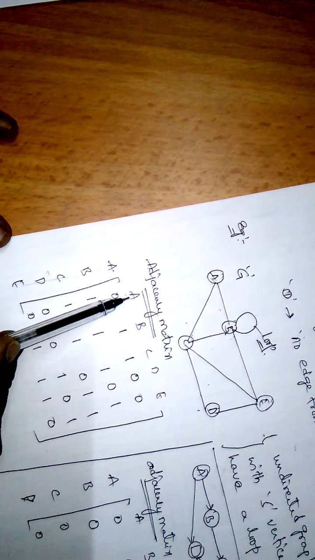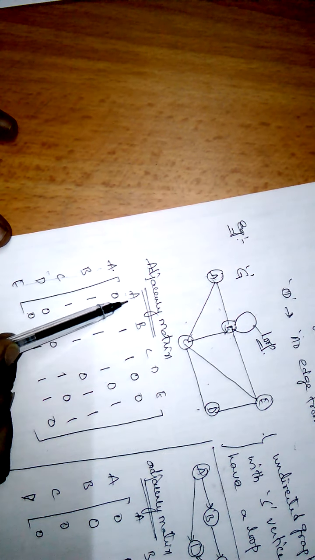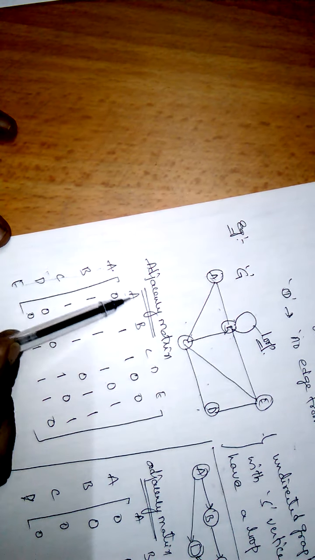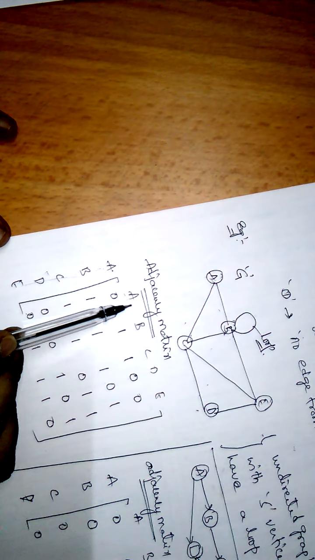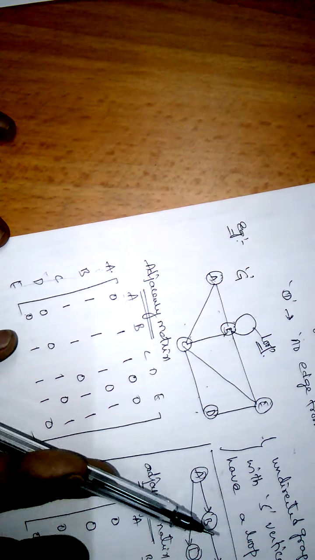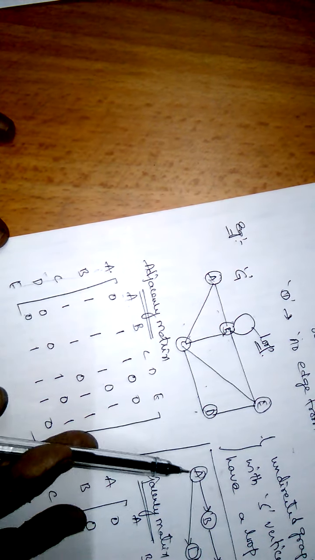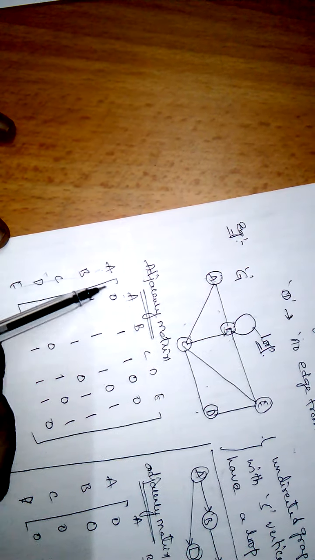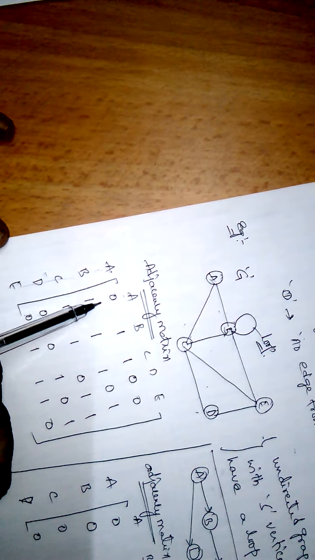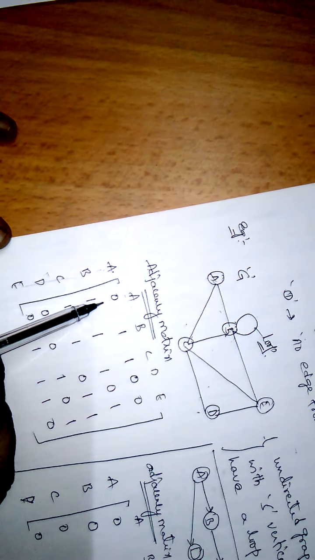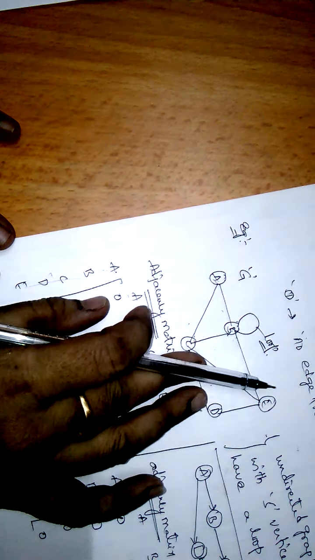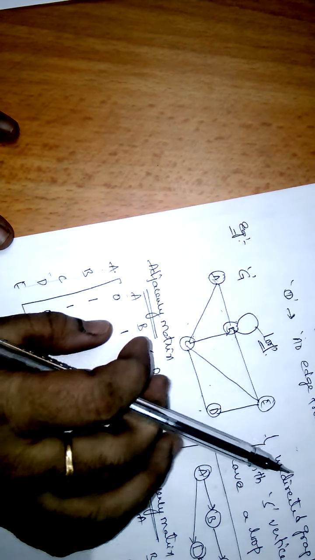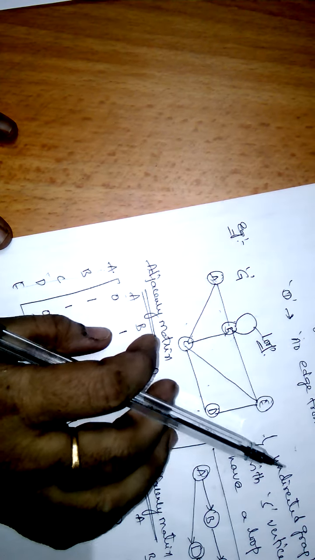If there is an edge from row vertex to column vertex, as we learned previously, we will represent the value as 1. If there is no edge from row vertex to column vertex, we will represent it as 0. Now we are representing this graph in adjacency matrix representation.